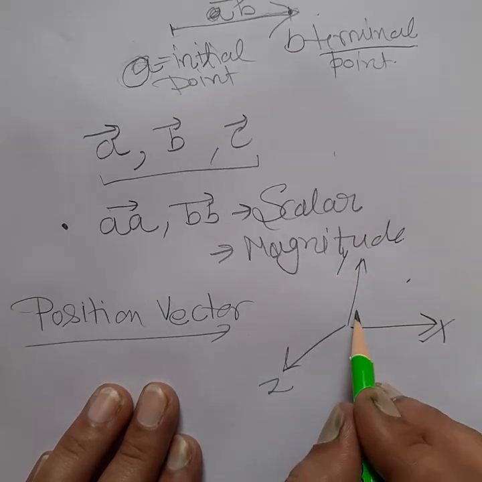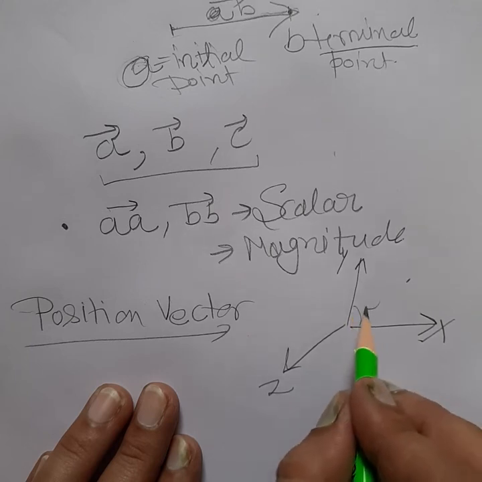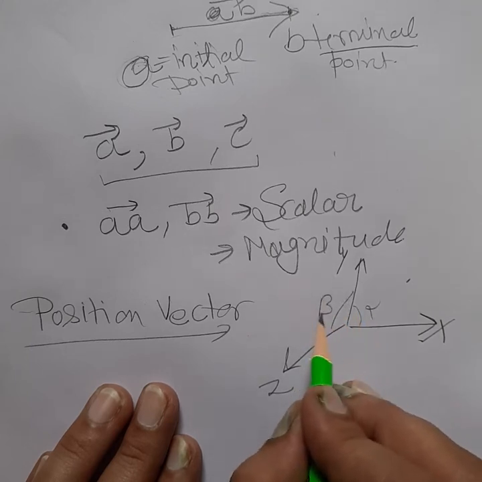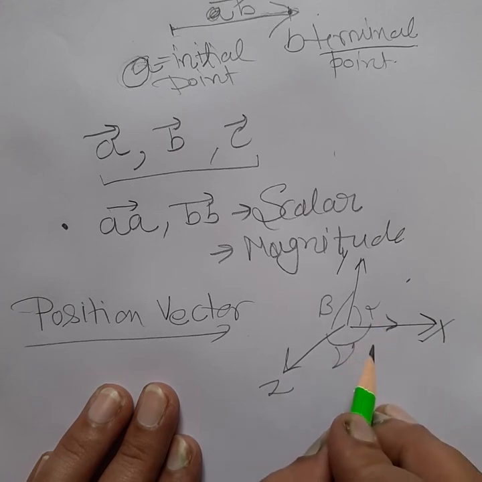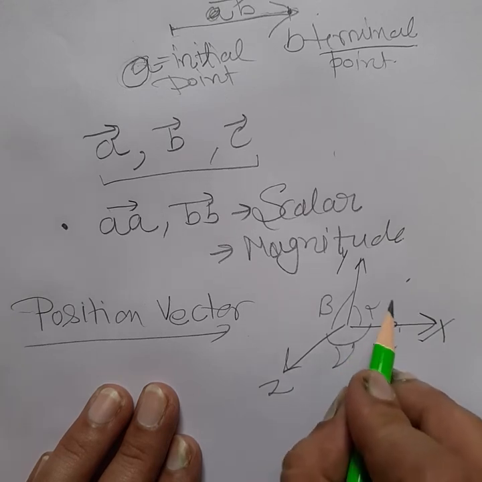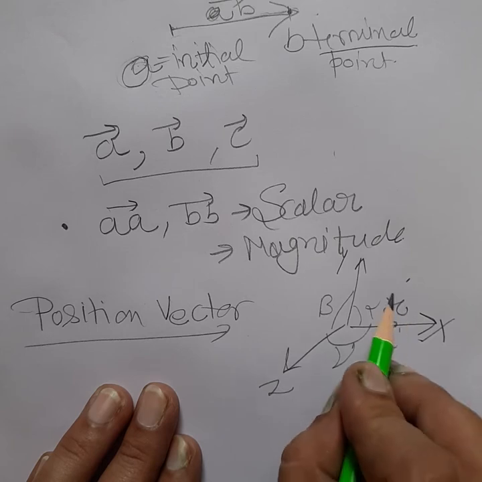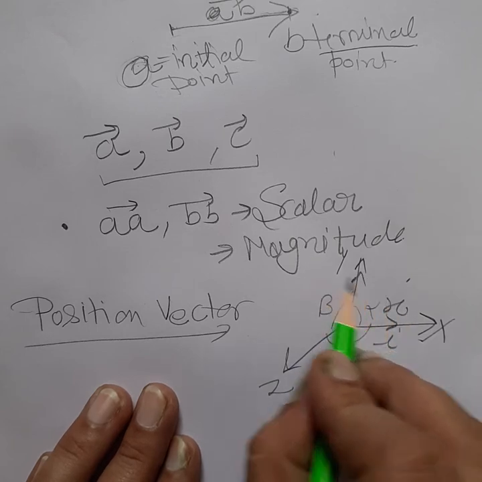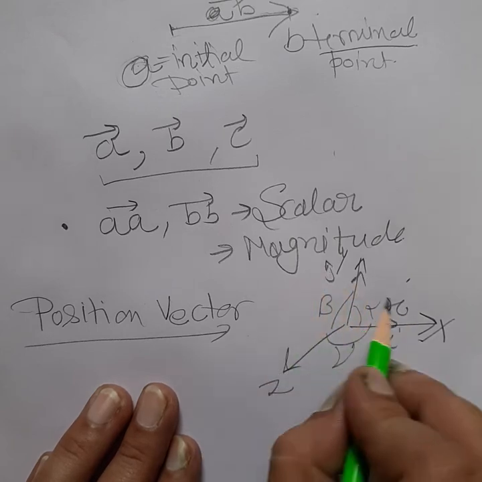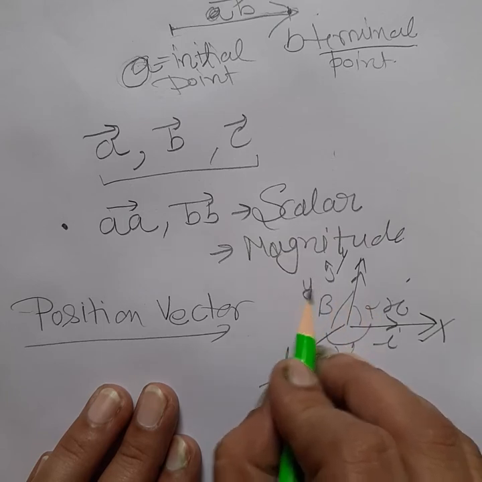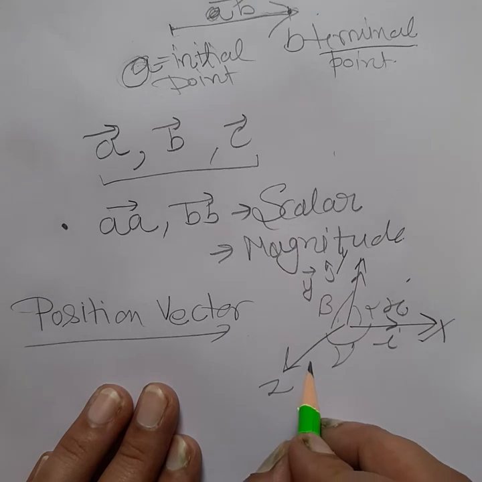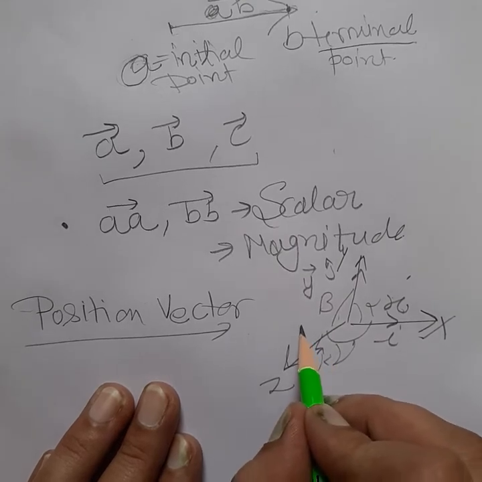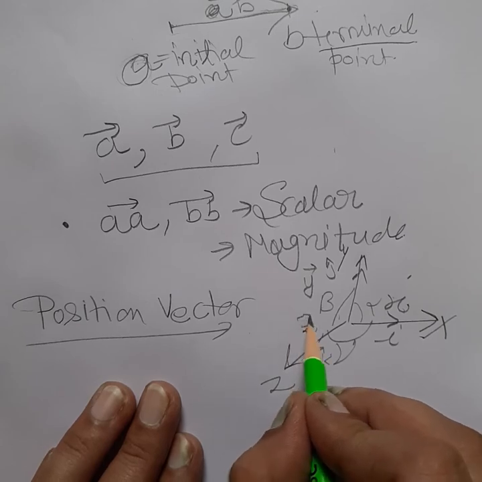We make three angles, alpha, beta and gamma. This direction we take as i, represented by x, in this direction we take j, represented by y, and the third direction is k.